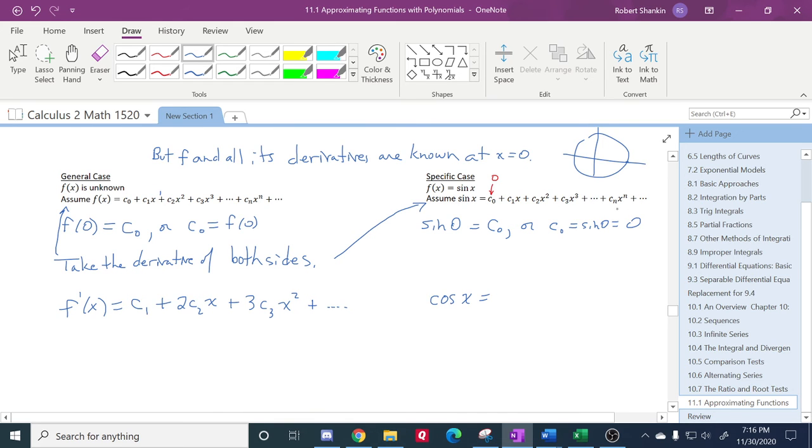When we take the derivative of the right-hand side here, the C0 derivative is 0, and we know that number was 0 anyway. And then this one becomes just C1 plus 2C2x plus 3c3x squared plus dot dot dot dot.